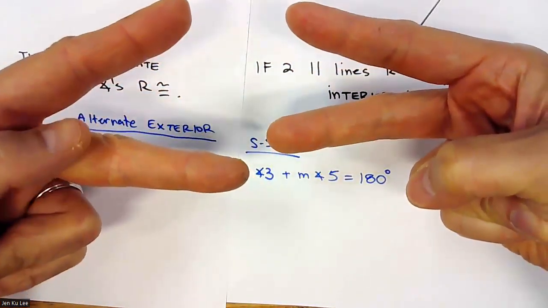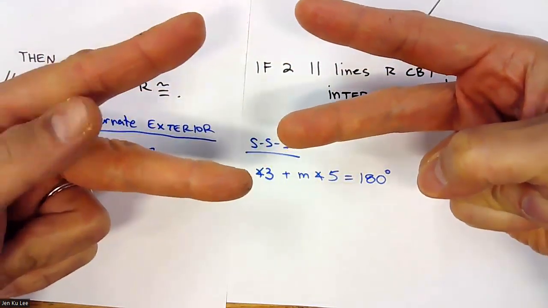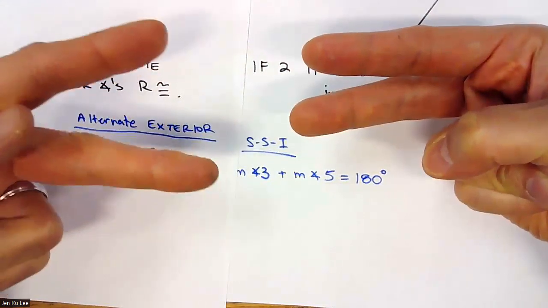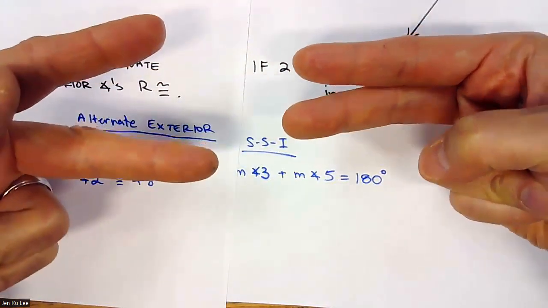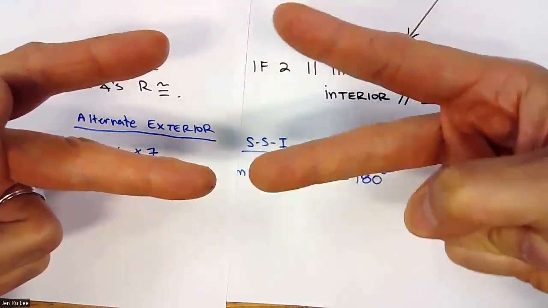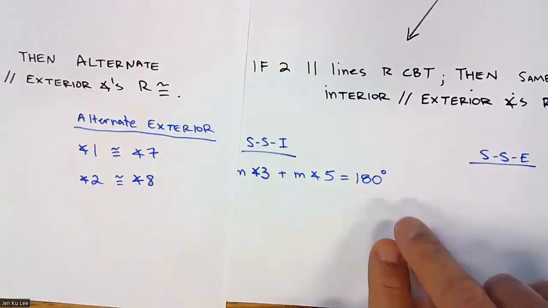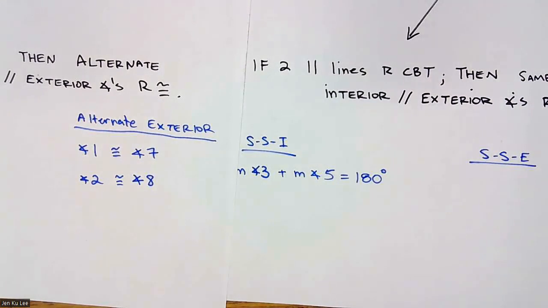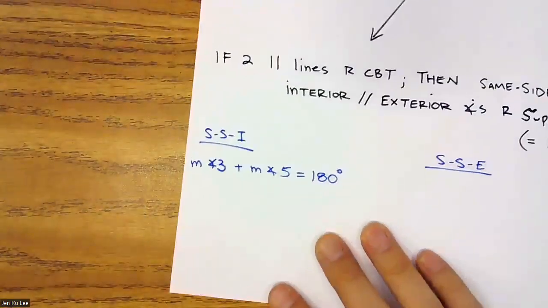If I say that this angle is 37 degrees, the measure of this angle is equal to the measure of this angle. Does that make sense? Yeah? I'm not talking about the actual angle itself, but what it equals. Okay?